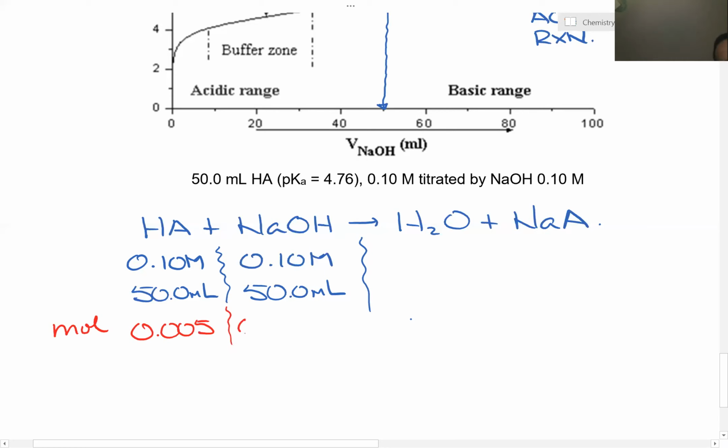This would also be 0.005 moles. And for NaA, this would also be 0.005 moles. Now, for the concentration of NaA, this would be divided by 0.1, so this would be 0.05 molarity.